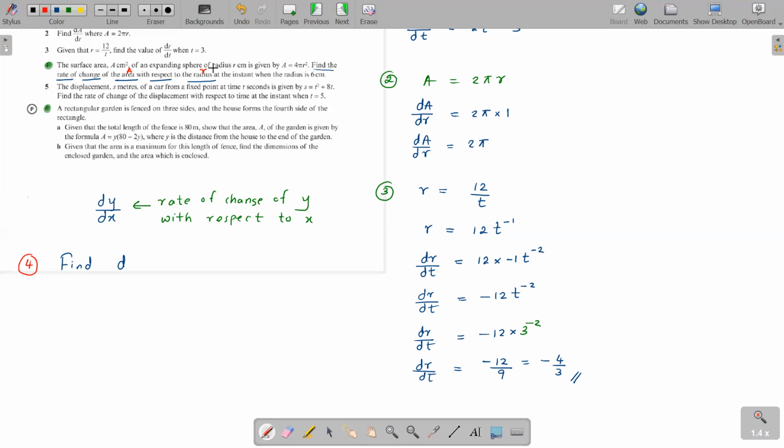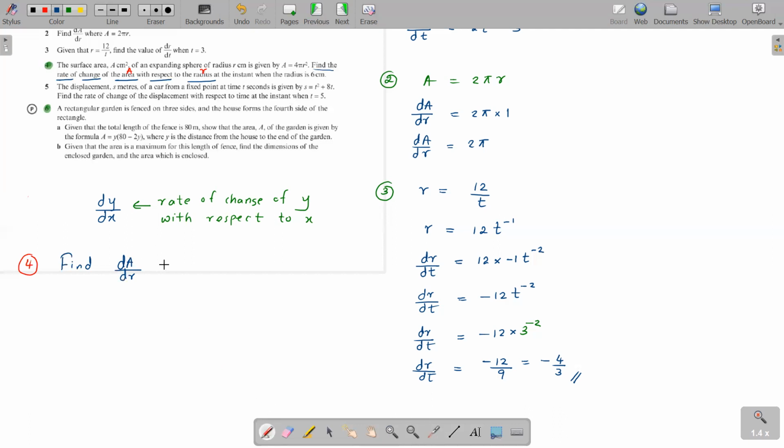So d by d what? dr by dA or dA by dr? It's dA by dr, rate of change of area with respect to radius. Do you understand? So this is what you need to find. You're supposed to find dA by dr.